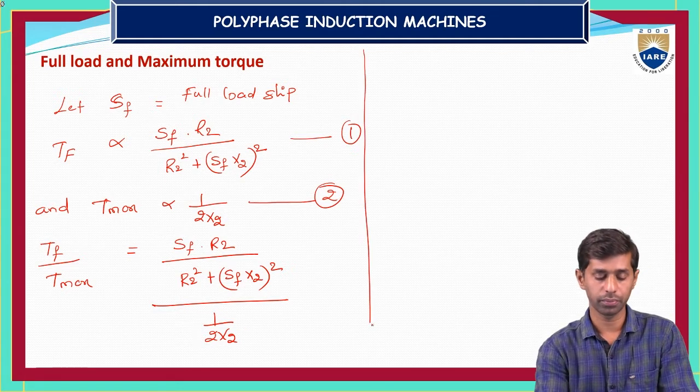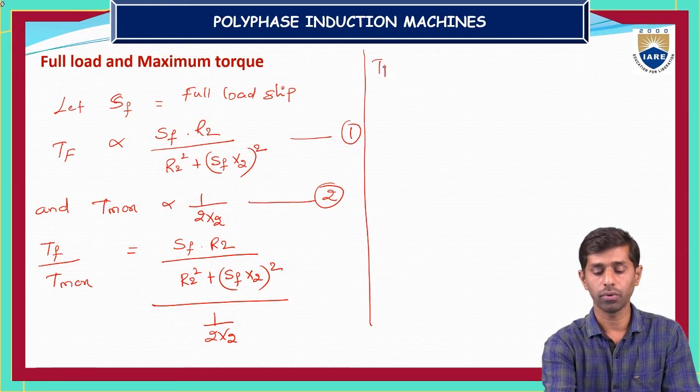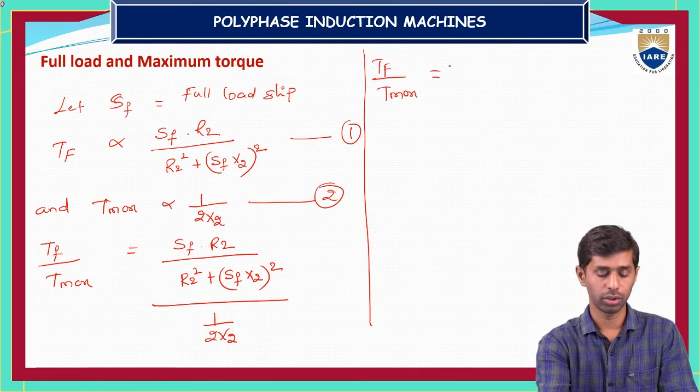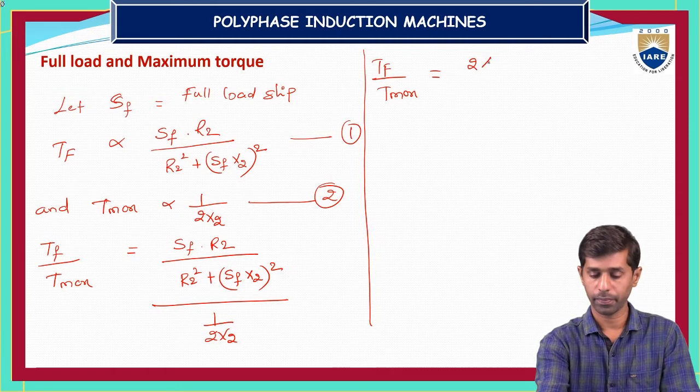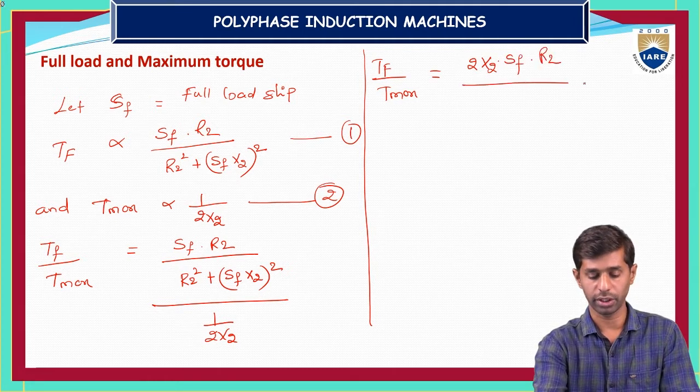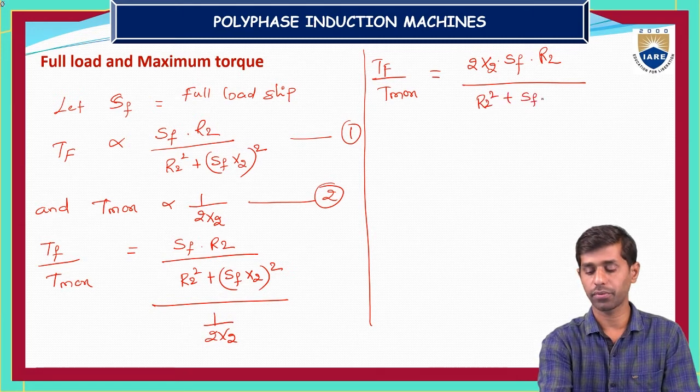Which is equal to 2X2 into SF into R2 divided by R2 square plus SF times X2 whole square.